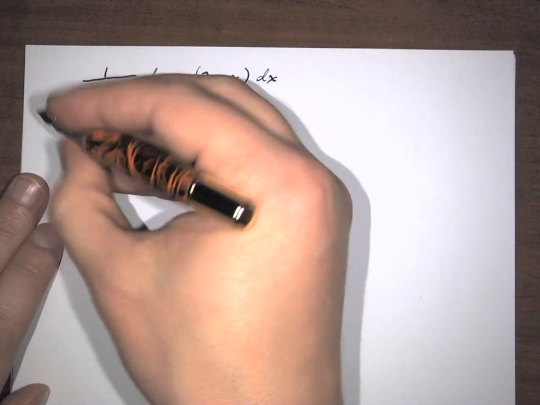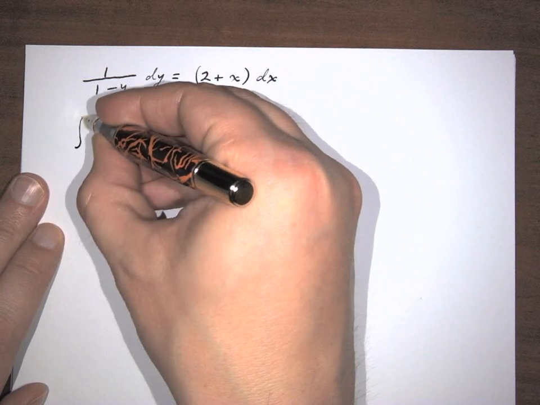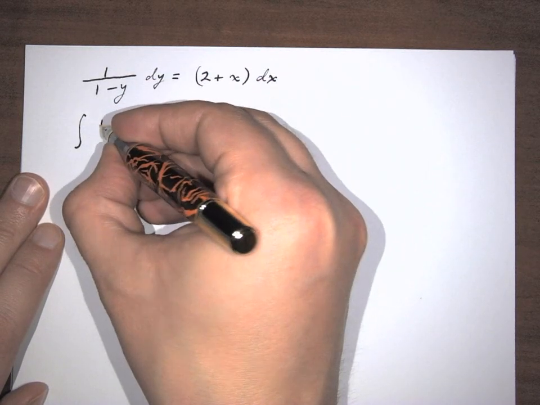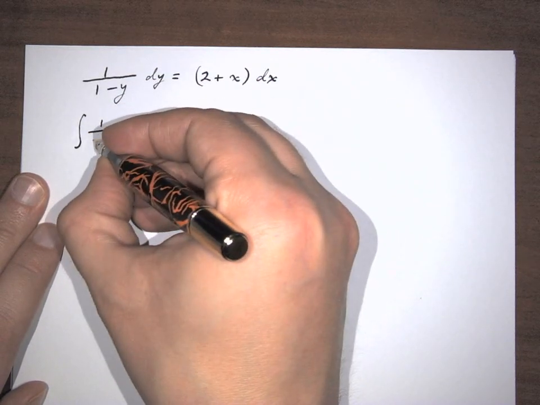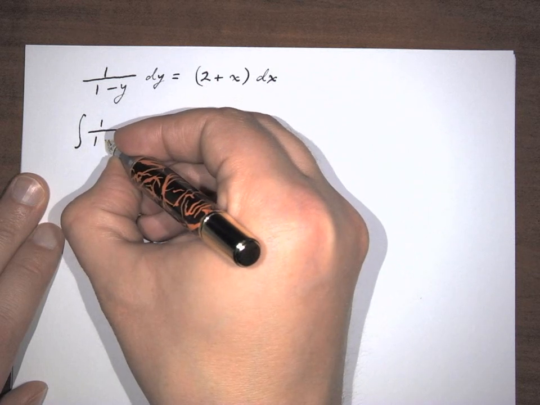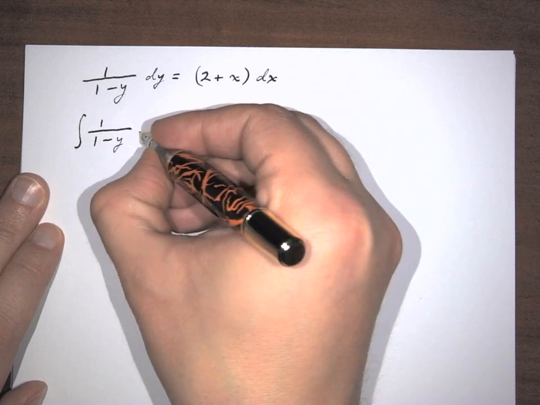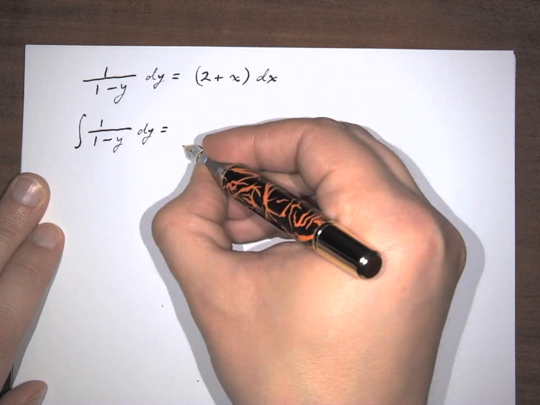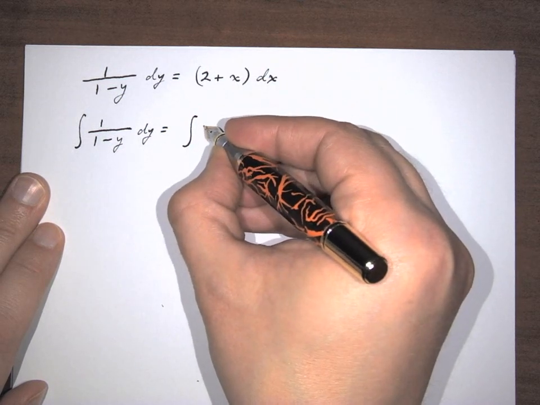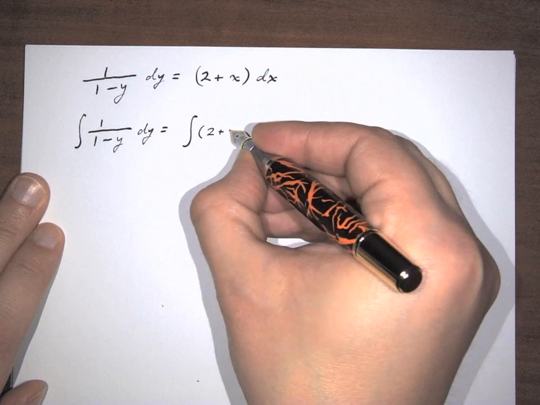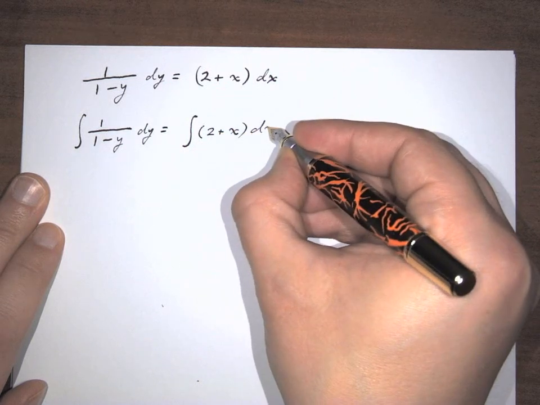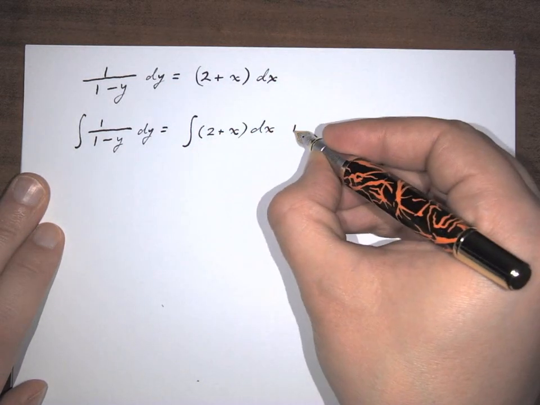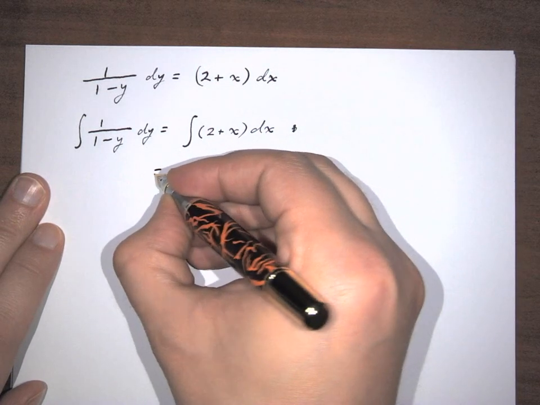So those are the variables separated, but then we need to make it into an integral. So the integral of 1 over 1 minus y dy is equal to the integral of 2 plus x dx. Oops, and we'll wait for the plus c.